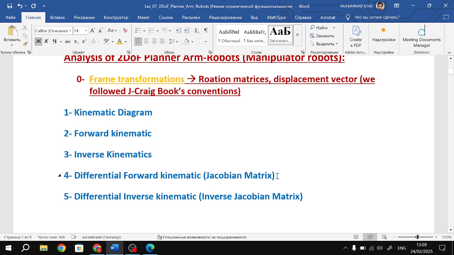In the last 2 lectures we studied differential forward kinematics, and the Jacobian matrix.